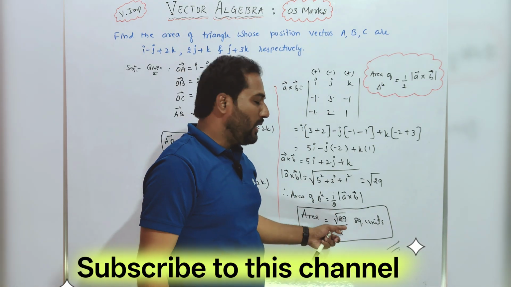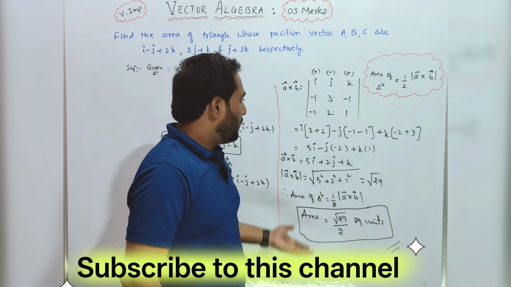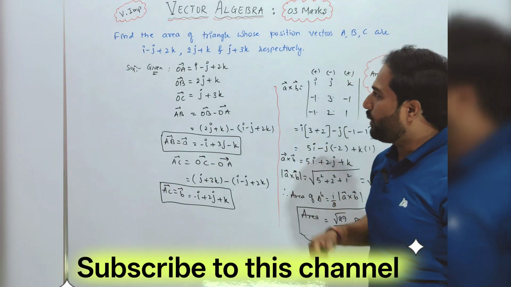Simple, because this is root 29, it cannot be divided, or root 29 is not a perfect square also, isn't it? So this is your area of triangle when vectors are given. Just look into it, please.